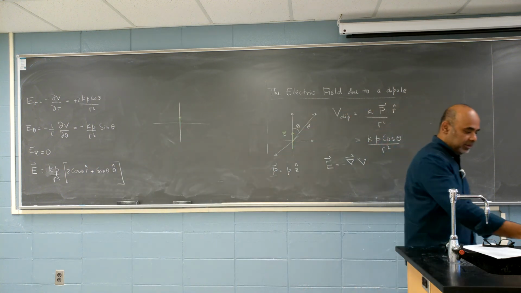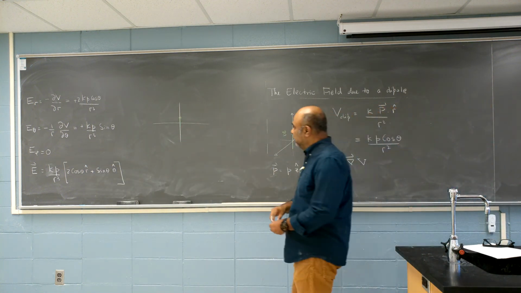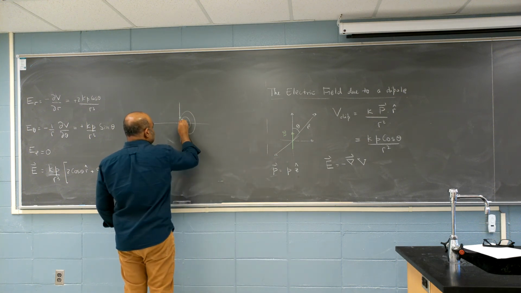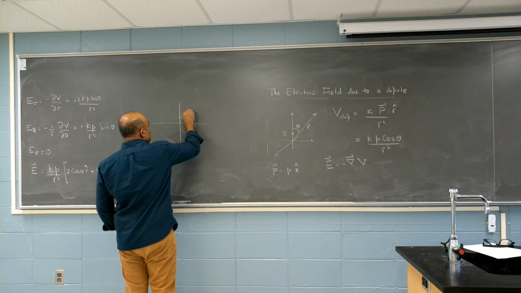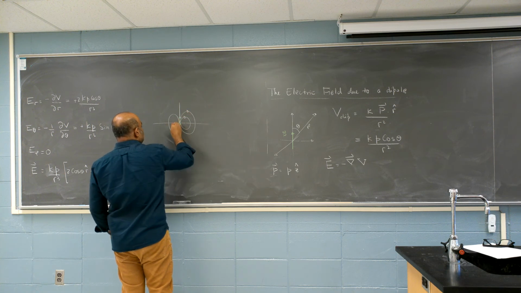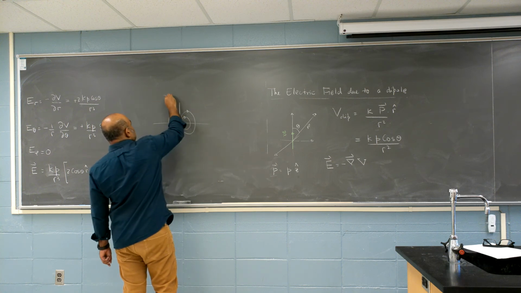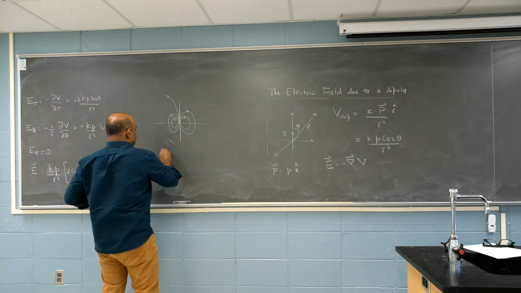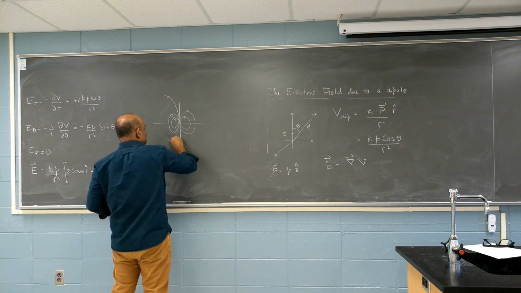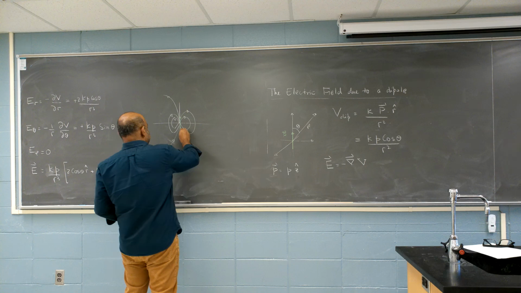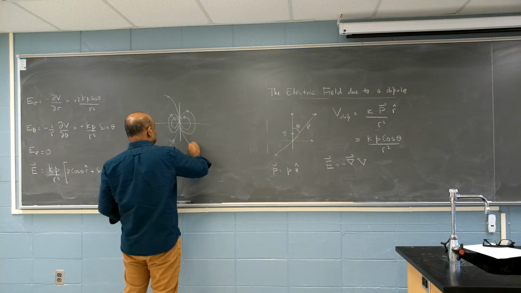If you plot this function out, this vector field out, the electric field lines simply do this. It's a perfect dipole field. And over here it'll go that way. It might be a bigger loop, but then it comes back around because the net charge is 0 for a dipole.